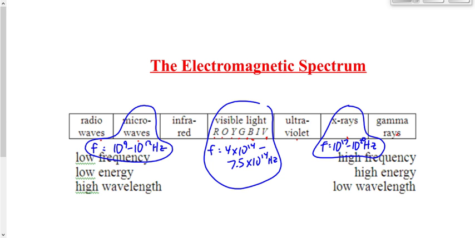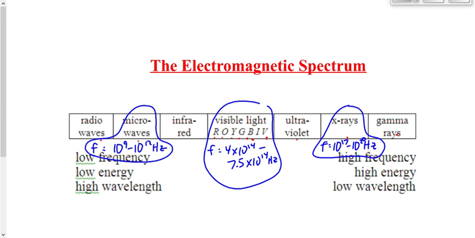Now you can imagine if you're given a question where you find the frequency of a certain photon of light to be 10 to the 18 hertz, what is it? X-ray, easy, right? If you remember the range of X-rays. If it's 10 to the 11, what is it? Microwaves. If it's 5 times 10 to the 14, what is it? Visible light. Easy if you memorize those three, right? But what if you get a frequency that's 10 to the 16 hertz? What is it?